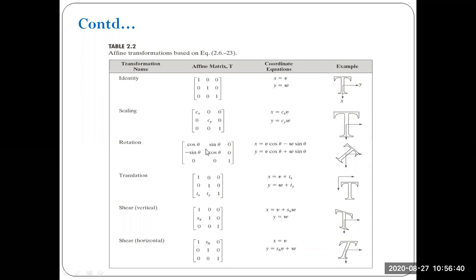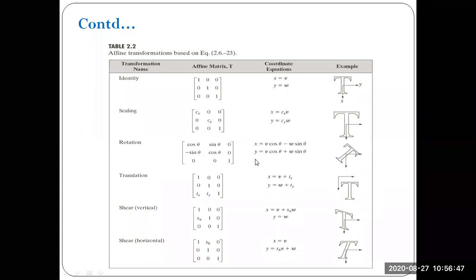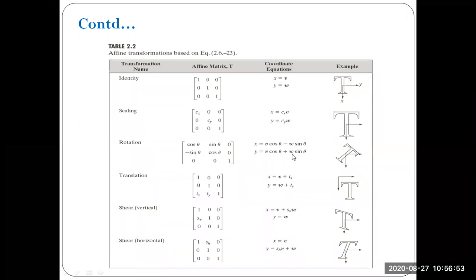My x and y coordinates will be changed like this: v cos theta minus w sin theta, and v sin theta plus w cos theta. Depending upon the theta value, your T will be rotated from 0 to 360 degrees. It will be like this, right?